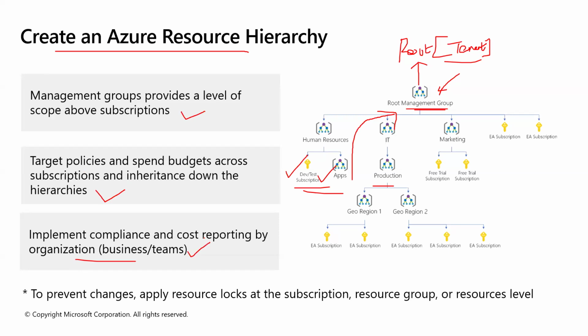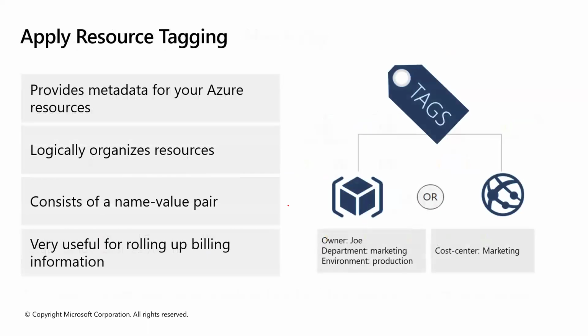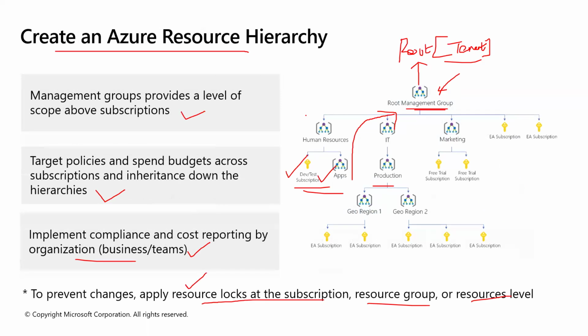That means I can implement the policy, and compliance and other things are taken care of with the help of the management group. To prevent changes to any application, I can apply a resource lock at the subscription, resource group and resource level. That is nothing but your resource locks. We will see this in the lab, one by one.